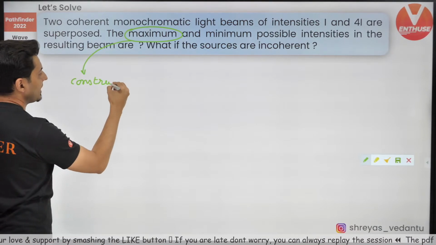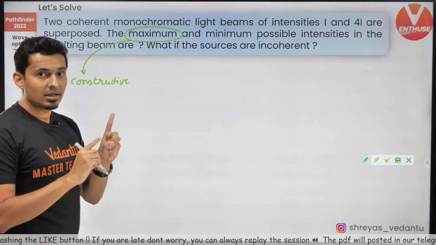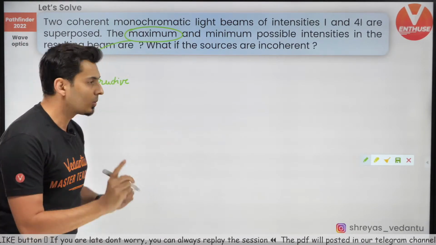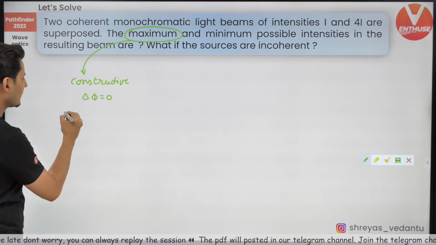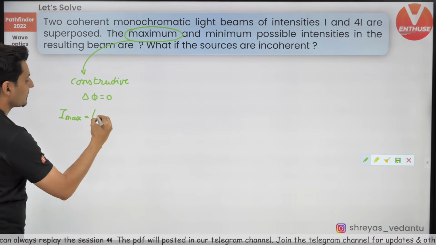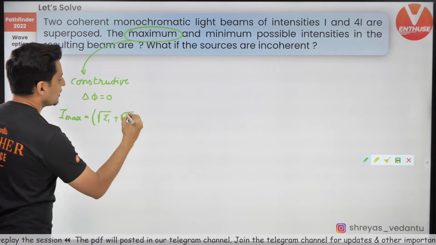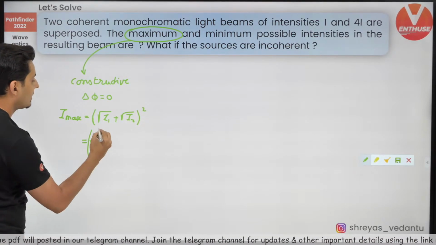So when I'm talking about constructive interference, think about it. What will happen? The phase difference is 0, right? Their phase difference is 0 or 2 pi and so on and so forth. And I had given you that formula. I max will be nothing but root of I1 plus root of I2 whole square. So let's use this and see what we get.